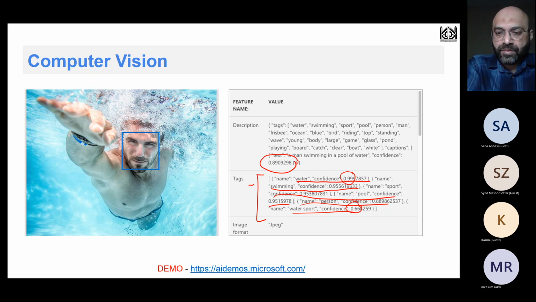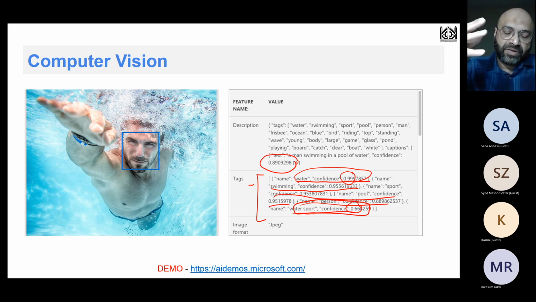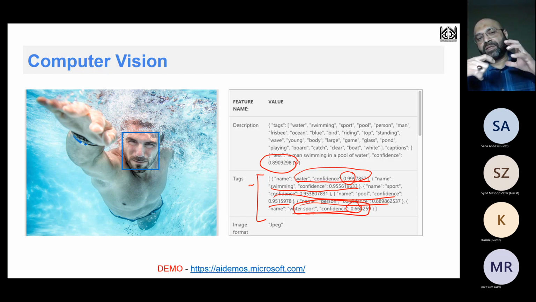For water sport, there's a possibility that we have not fed much content on it. That's why its confidence level is 66%. But a lot of pictures and content with water were fed into it. So that's why it is more confident about how water looks. Okay.